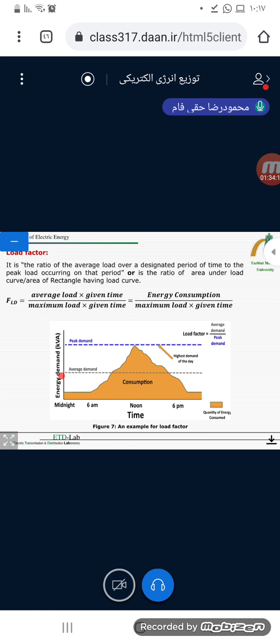If you write it as a formula, load factor is the average demand, or average load, divided by the peak demand, or peak load. Load factor is very important in planning.